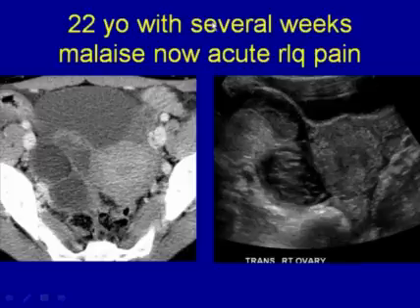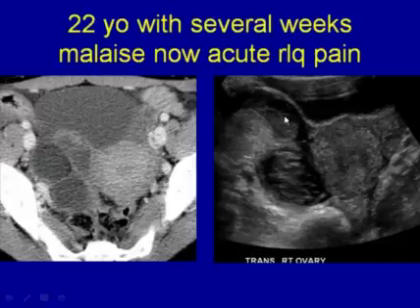Now this 22-year-old had several weeks of discomfort. Now she has acute right lower quadrant pain, and again on CT this is a funny looking mass, at least with 3 separate collections here. On ultrasound, this one is very echogenic. This is similar maybe with clot and fluid and echoes here on the posterior one.